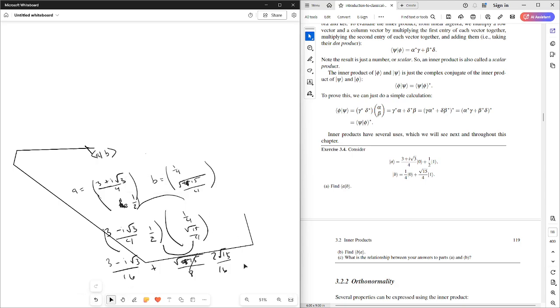So that leads us to 3 plus 2 square root of 15 minus i square root of 3 over 16. Let me double check in the text answers real quick.